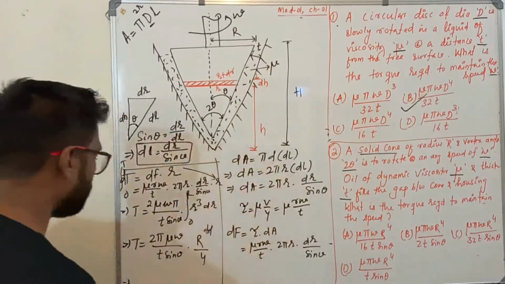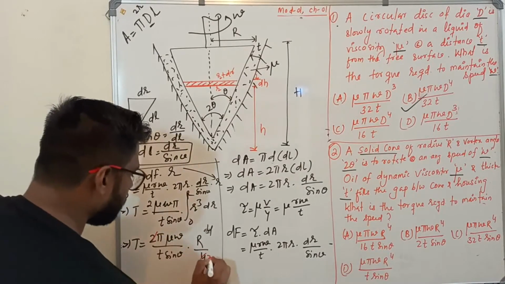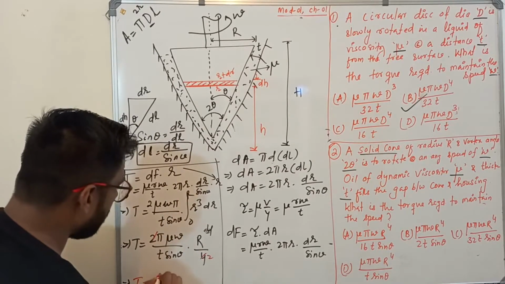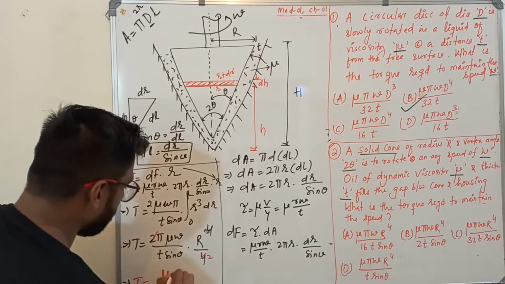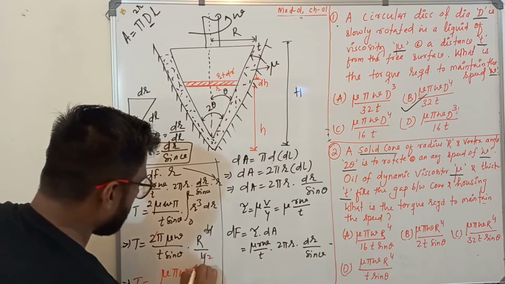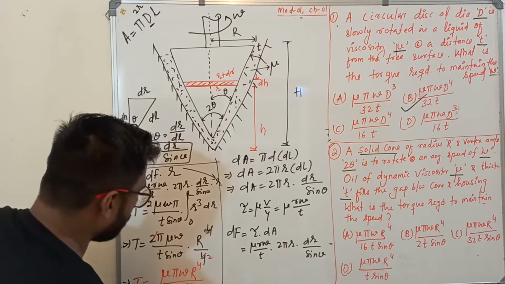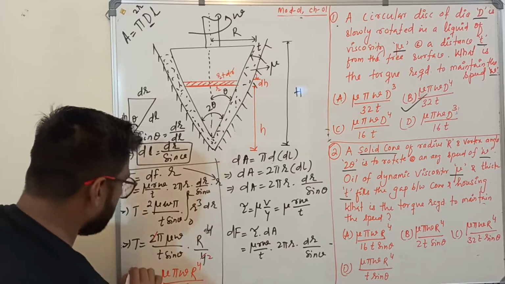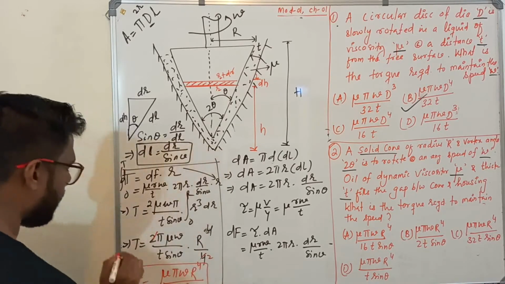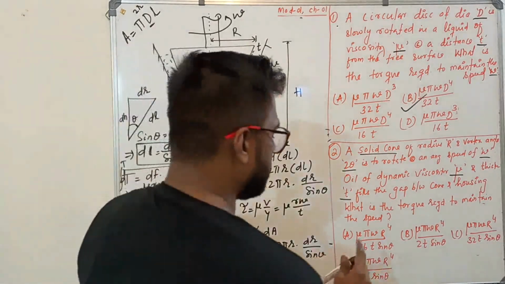So 2 1s are 2, 2 2s are 4. So T is equal to what you got? Mu pi omega R fourth by 2 t sin theta.